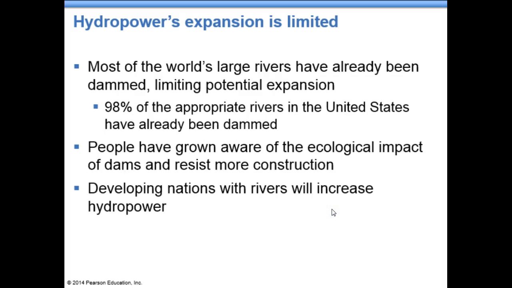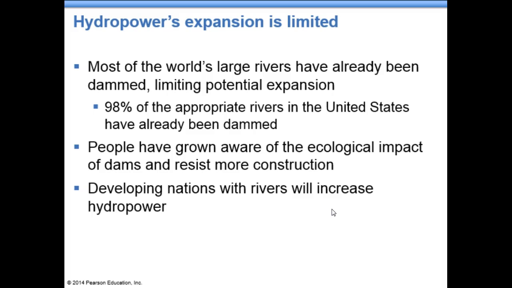Most of the world's rivers have been dammed, limiting any potential for expansion. The main reason is that most of the world's large rivers that offer excellent opportunities for hydropower are already dammed, people have grown more aware of the ecological impacts, and residents in some regions are resisting dam construction.